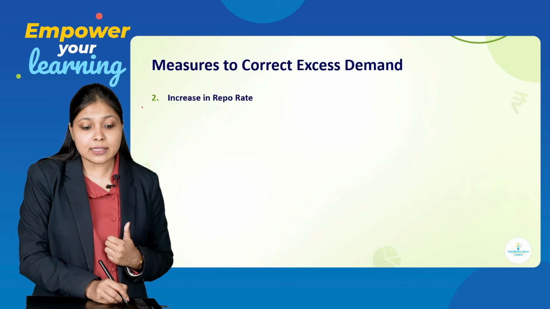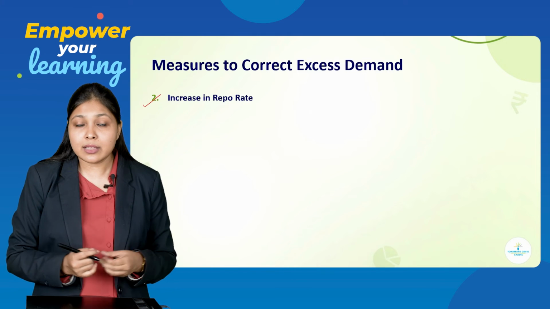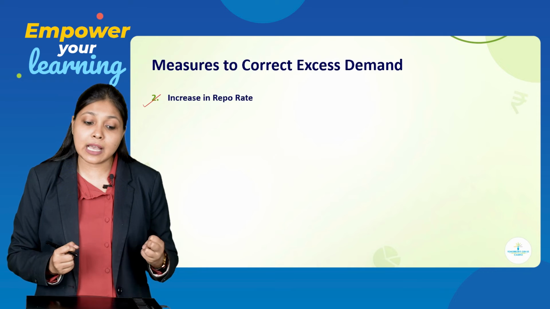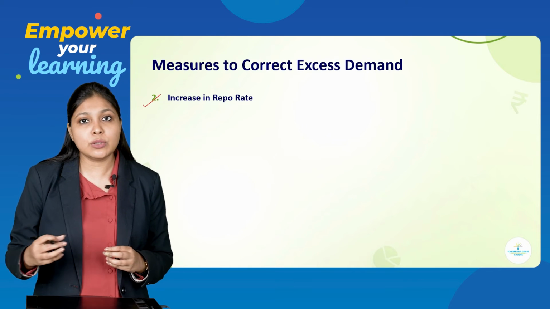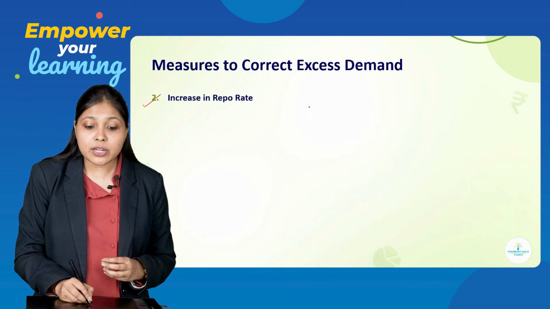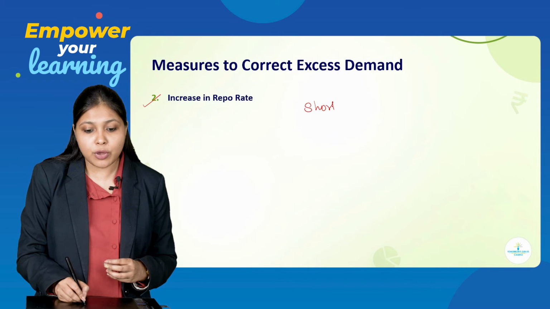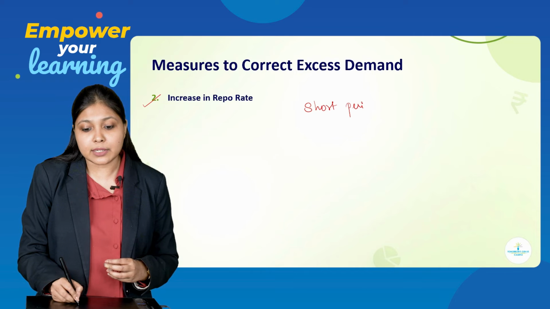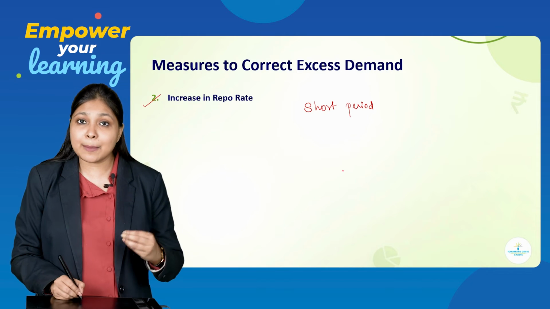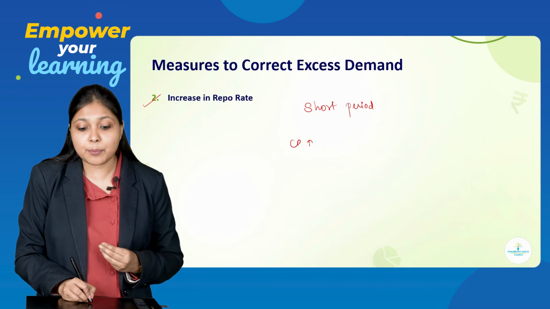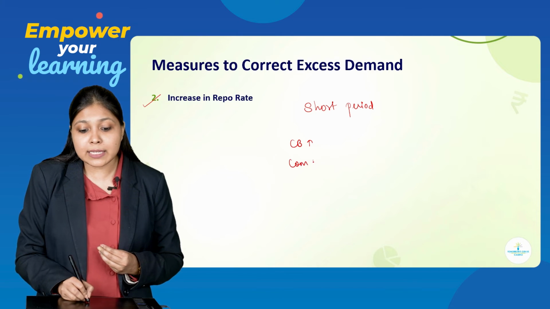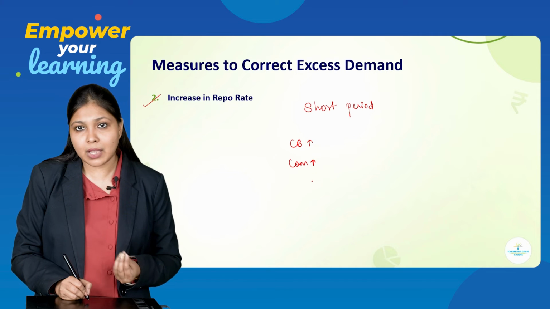Second, increase in repo rate. We know what repo rate is. Again, it is the rate at which the central bank lends money to the commercial bank for a short span of time or short period. So when the central bank increases the repo rate, the commercial bank will increase its interest rate.